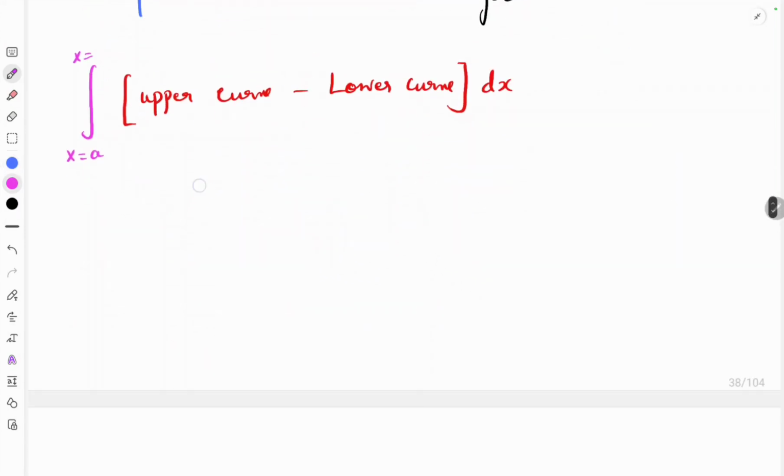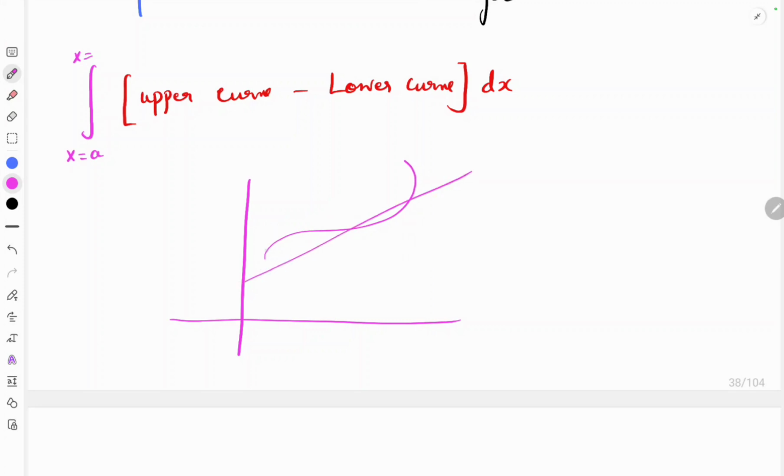Suppose we have a graph like this, and this area we have to find. What we have to do here is find the points of intersection. Let's say this one is x equal to a, and this point of intersection is x equal to b. Now this curve has equation y1 and this line has equation y2. So the area will be equal to the integral from a to b of the upper curve.